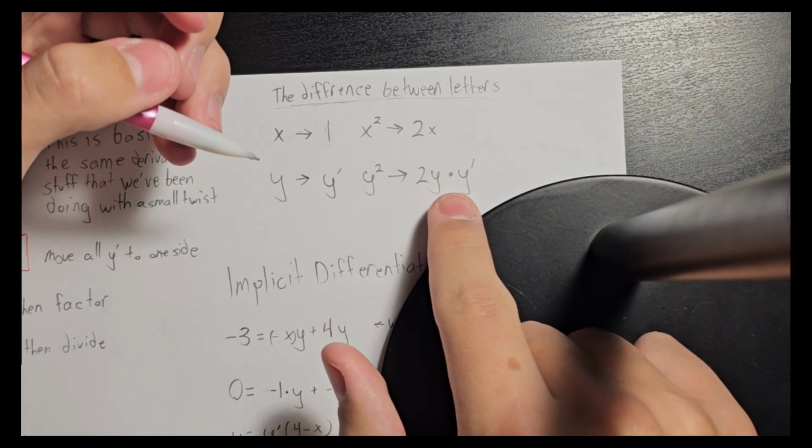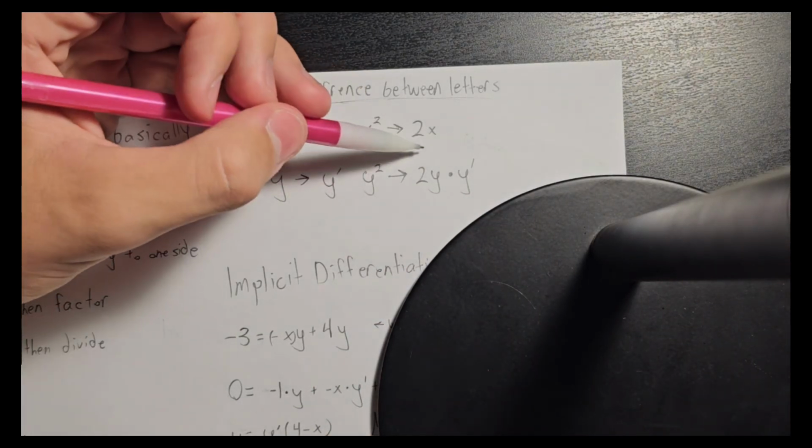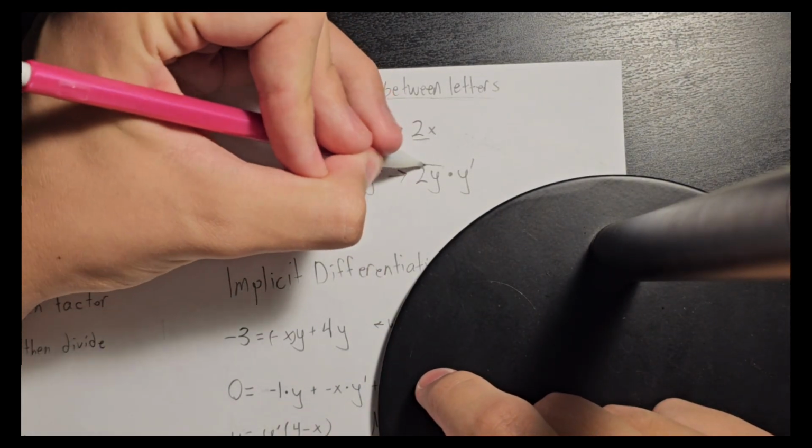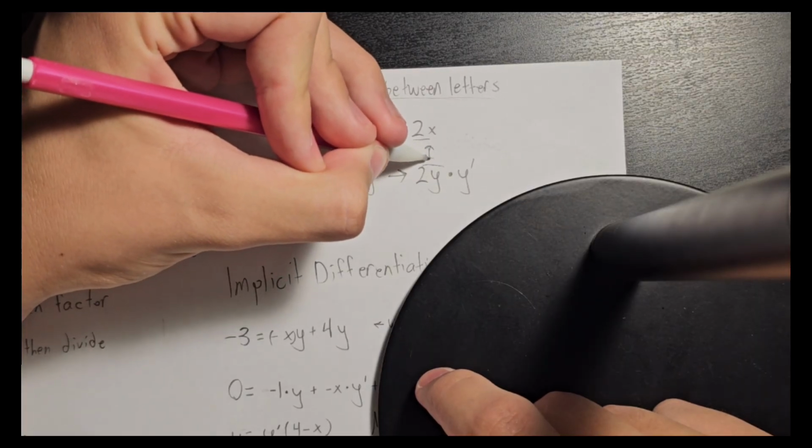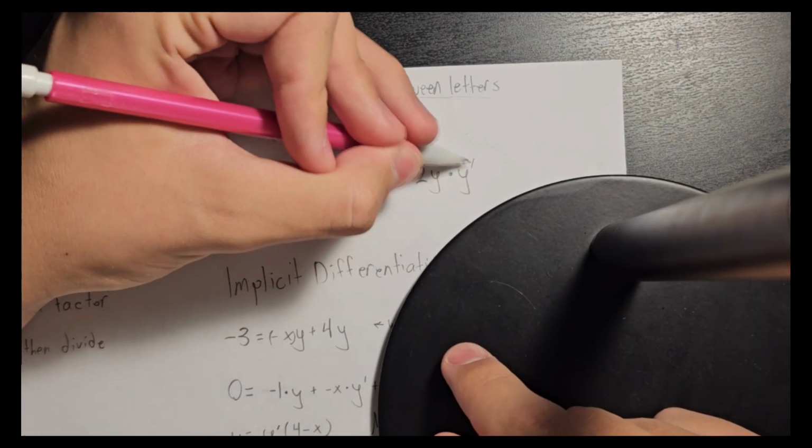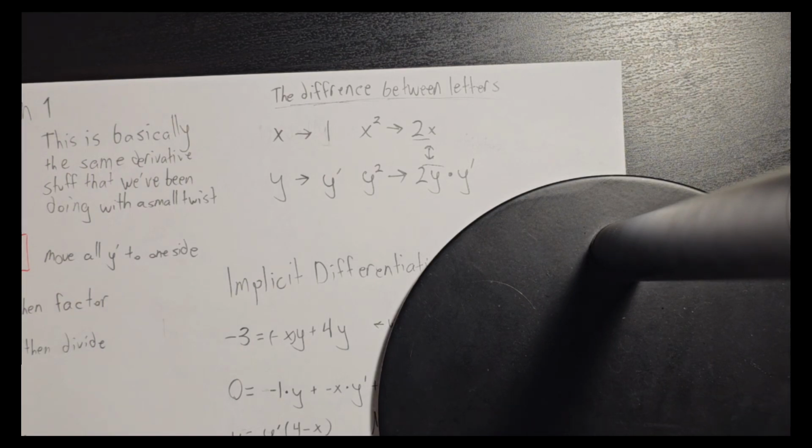It becomes 2y times y prime. Same thing. See these two things right here? One and the same, except one of them has y prime here instead. You always want to add a y prime to the end of these when you're finding the derivative of y specifically. Couldn't tell you why, but you need to know that for the quiz.